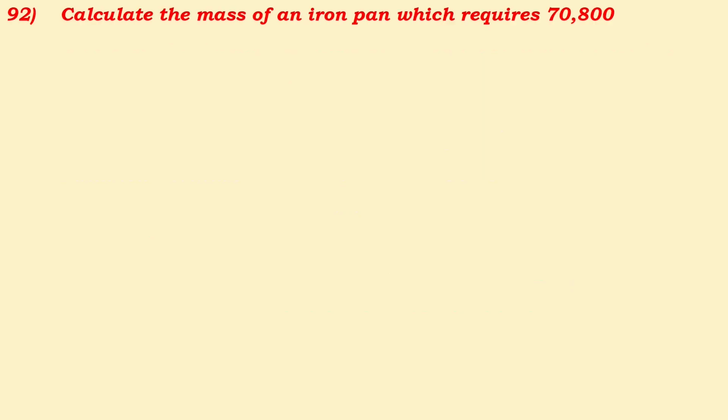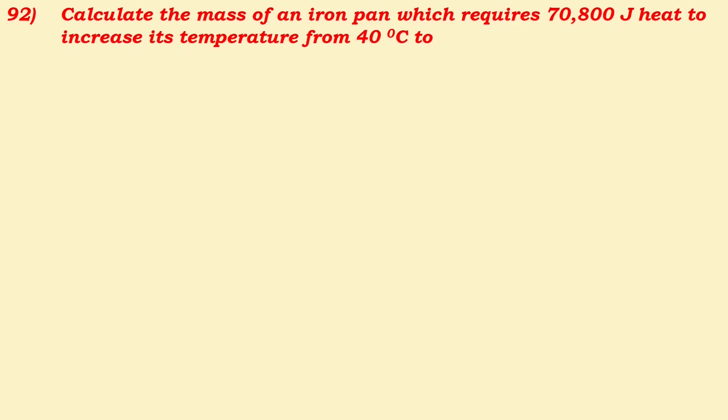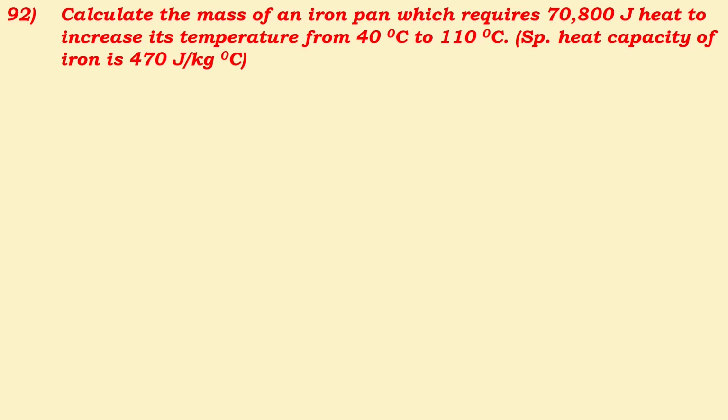Now next, calculate the mass of an iron pan which requires 70,800 joule heat to increase its temperature from 40 degrees Celsius to 110 degrees Celsius. Specific heat capacity of iron is 470 joule per kg degree Celsius. This is also a simple numerical problem.